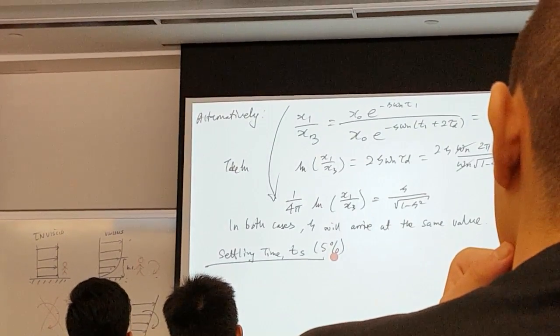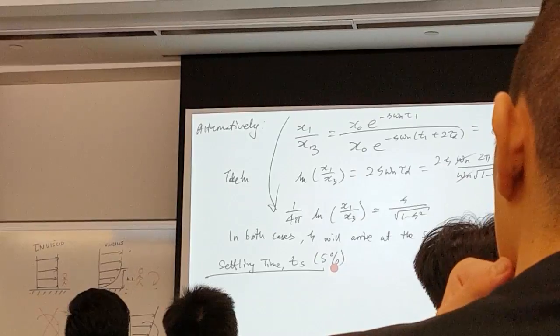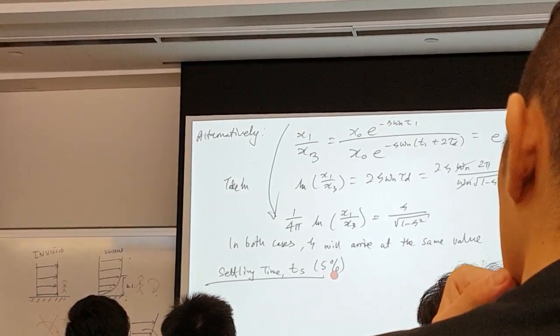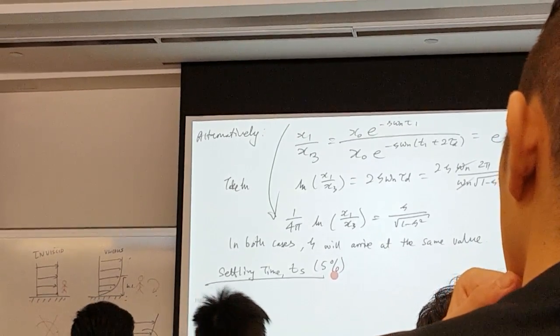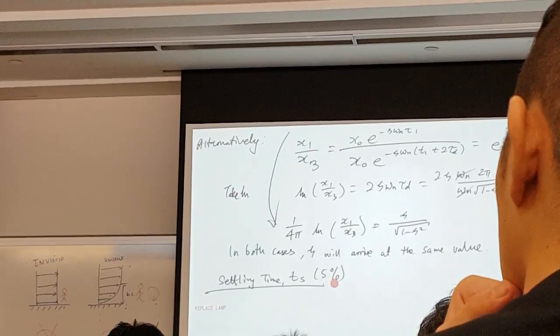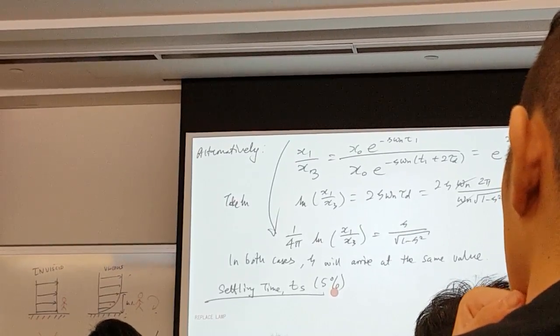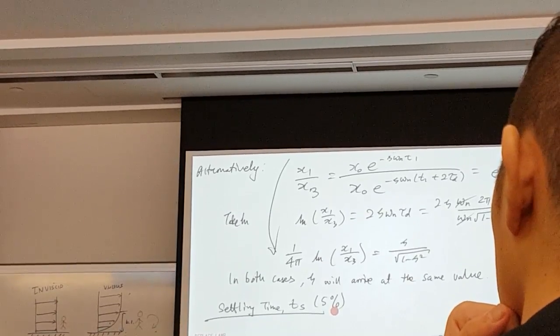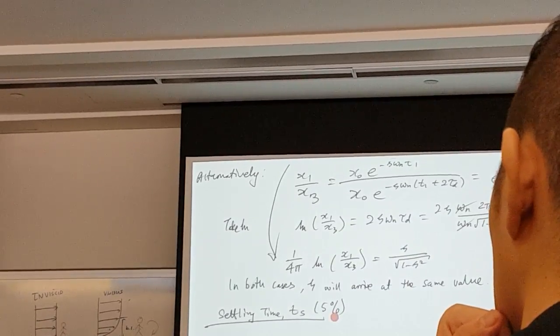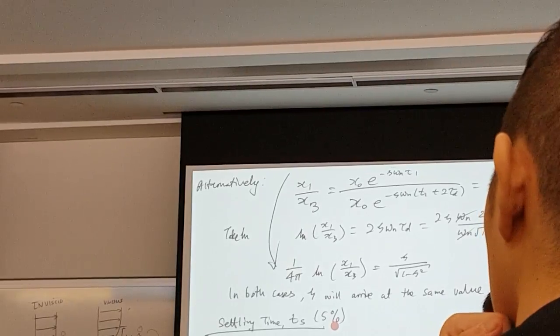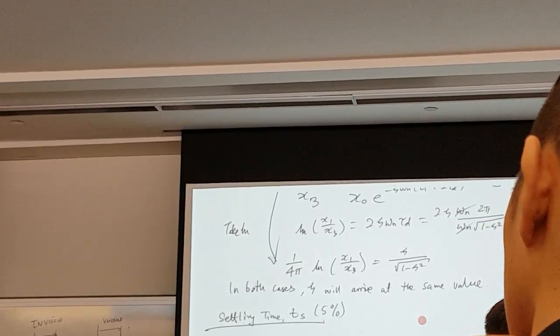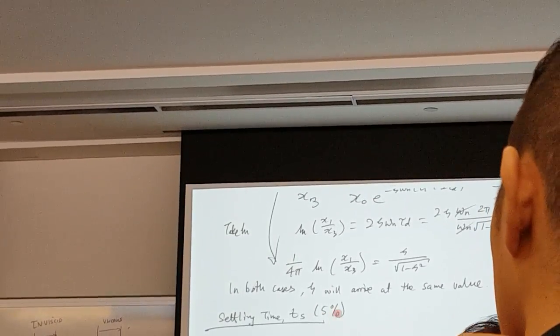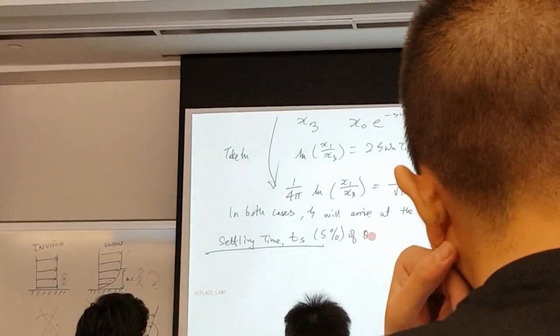And theta naught is maximum, so that 5% is 5% of theta naught. Your lecture notes use either 1 or 9 theta naught. So if you follow this one, you'll be okay. Why do I use this? Because I want it to be consistent with your lab. So 5% of theta naught.